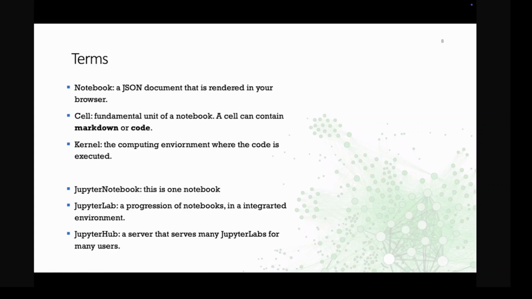And then finally, there's a Jupyter hub. And that's a server that serves many Jupyter labs for many different users. So you have been provided by Daniel this morning with your access code for the GFBio Jupyter Hub. So each of you can go there and have your own notebooks or your own Jupyter lab and work there independently.